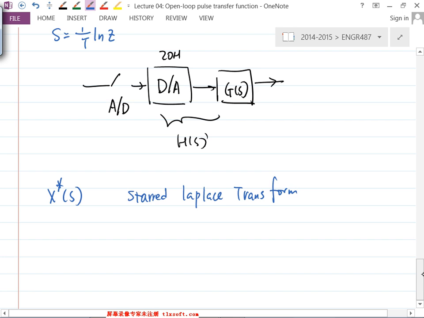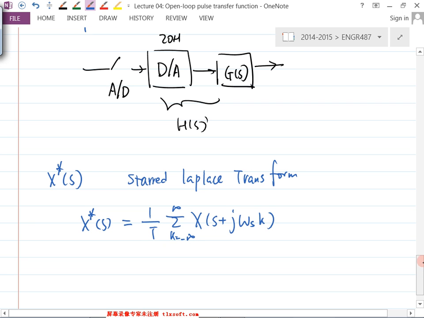I didn't derive this one, but you can take a look at the textbook. The relationship between x star of s and x of s is this.